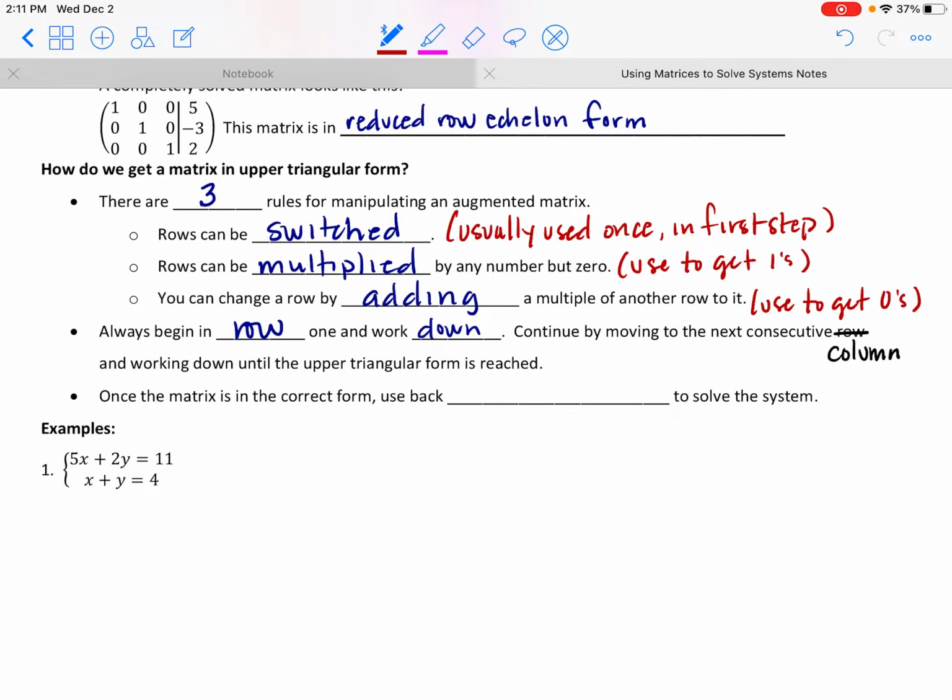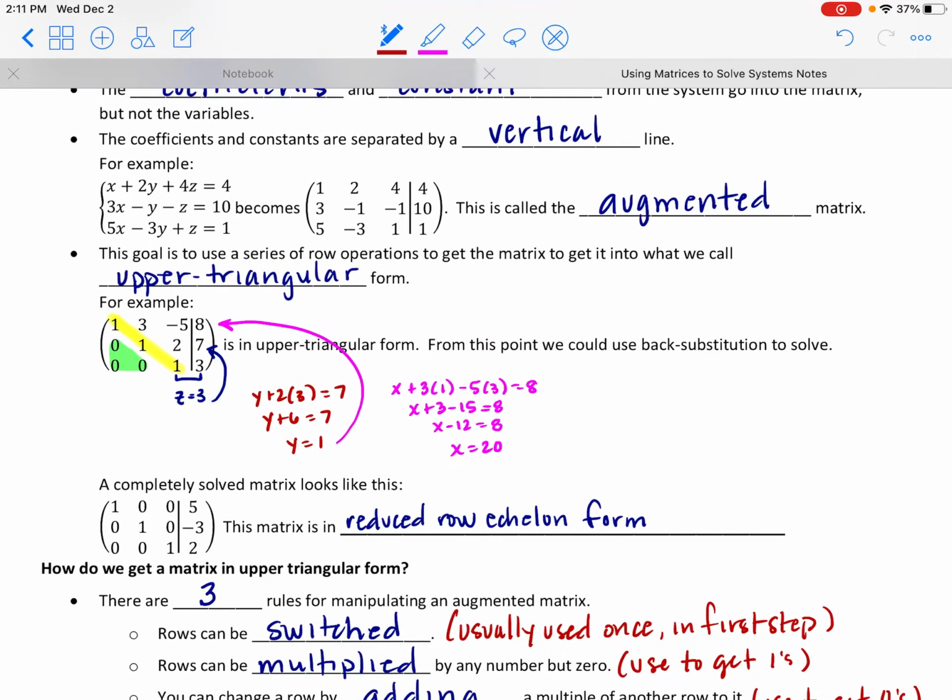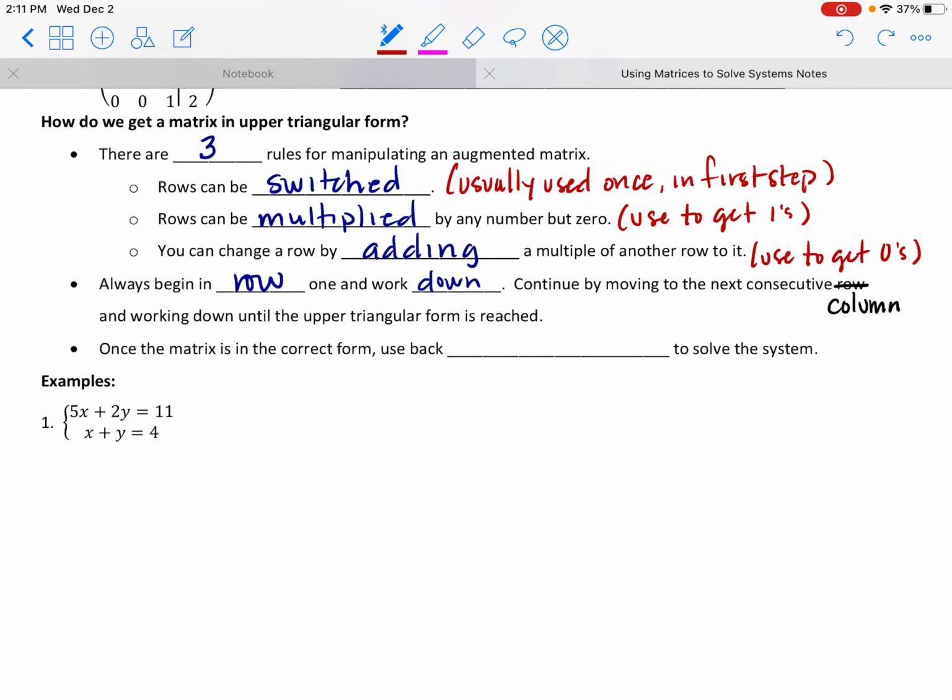Okay? And then once the matrix is in our correct form, just as we saw in the triangular form in the previous part here, so once we get it to look like this, it's just back substitution. So back substitution once we get it in our upper triangular form. And honestly, it doesn't even have to be in completely upper triangular form.